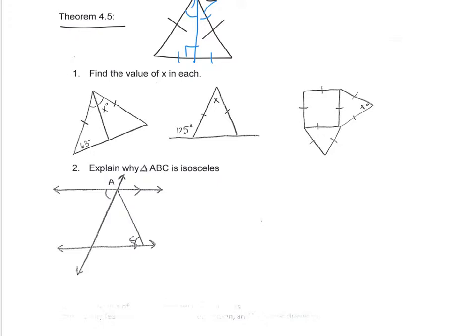Because this shows that this is an isosceles triangle, and that these two angles are congruent, this is the vertex angle, so this has to make a 90, and these two have to be equal right here.